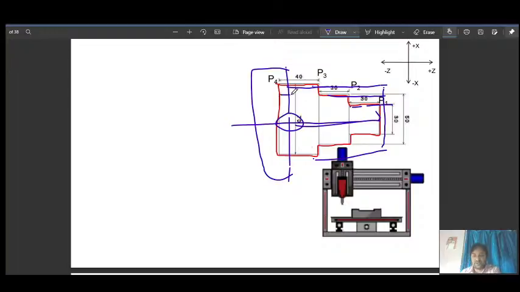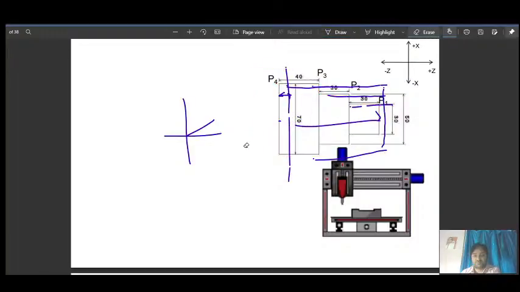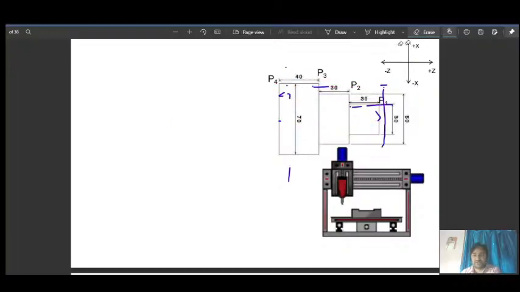How much you will hold it also depends. Generally, where the chuck ends, at the chuck face, it is taken as 0.